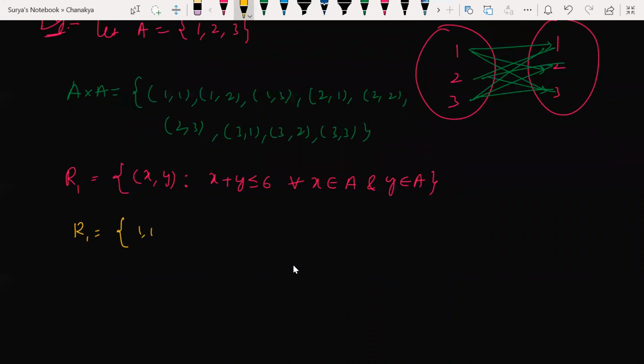Yes, 1 plus 1 is 2, still less than or equal to 6. 1, 2. Everyone write that.